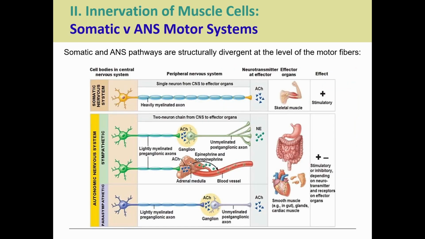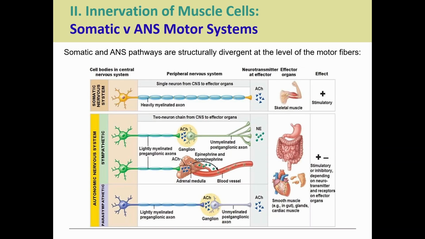So if we remember kind of how these things are different, remember the somatic nervous system, we have a single neuron that goes from the central nervous system to the effector. We're using acetylcholine as our neurotransmitter to allow for some sort of movement, right? On the autonomic side, the sympathetic one, we use a 2-neuron chain where the ganglia is closer to the spinal cord, with the exception of the adrenal medulla, which is directly innervated from the central nervous system.